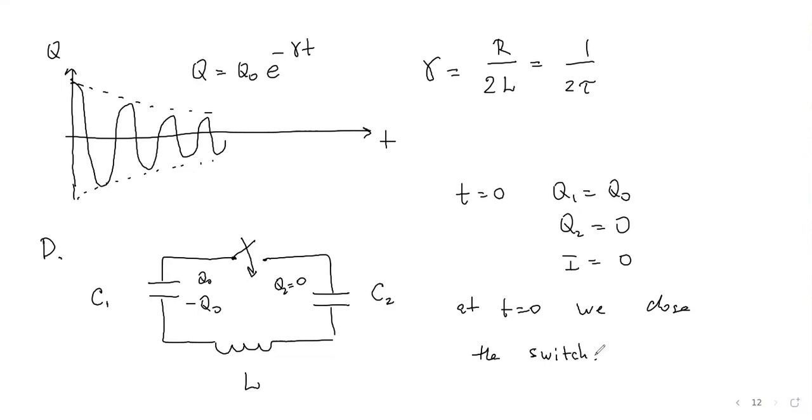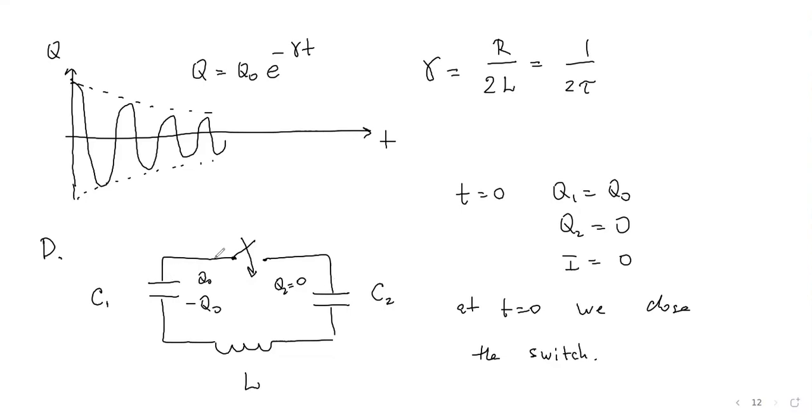This is non-trivial because you can't just take numbers and plug these numbers into an equation. There is no equation for this system. We will have to derive this equation, but we can assume that probably C1 and C2 are just two capacitors which are connected somehow, maybe in series. Then the charge will be oscillating.